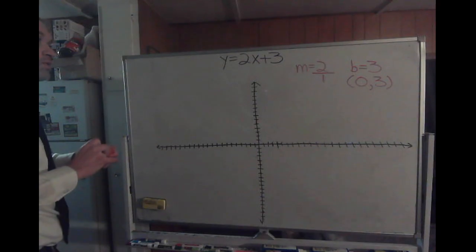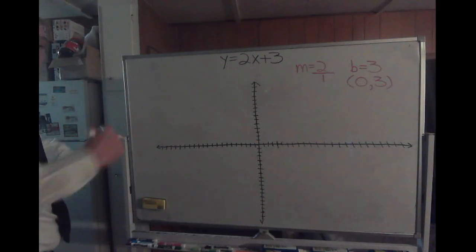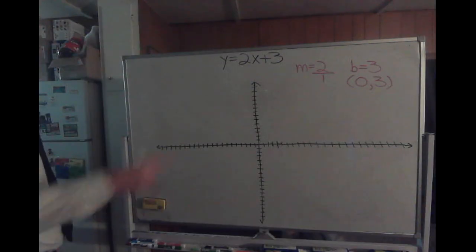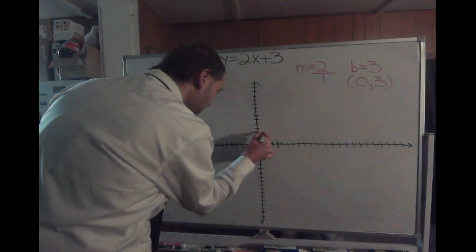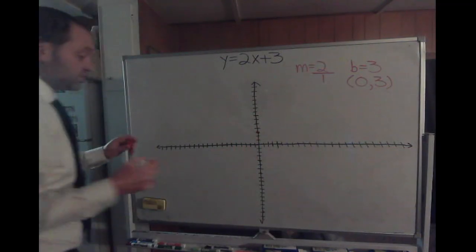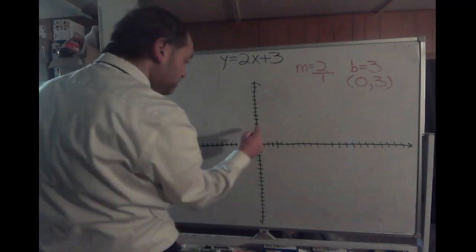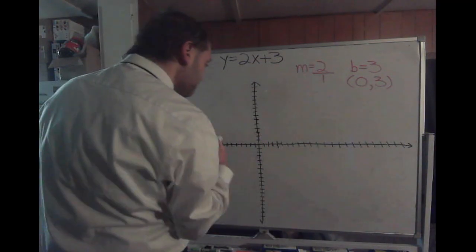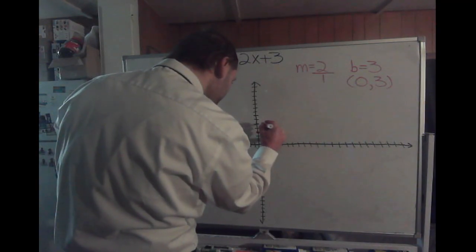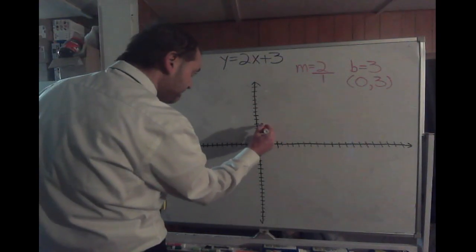Okay, so now that we've found the y-intercept and the slope, we could start plotting points. First, start with your y-intercept of 0, 3, which would be right there. Now your slope, of course, rise over run, you're going to go up 2, so that would put you at 0, 5. Over 1, that would put you at the point 1, 5. So there are your 2 points.